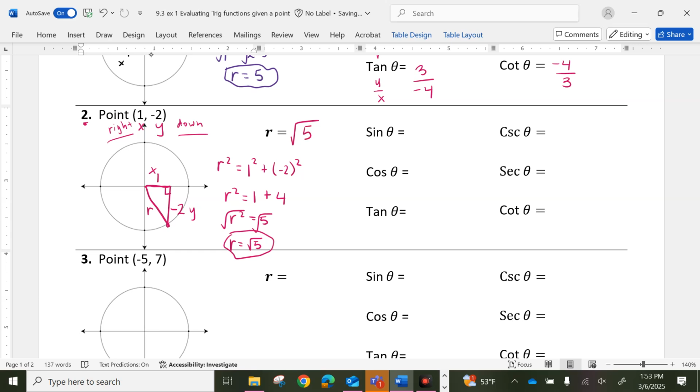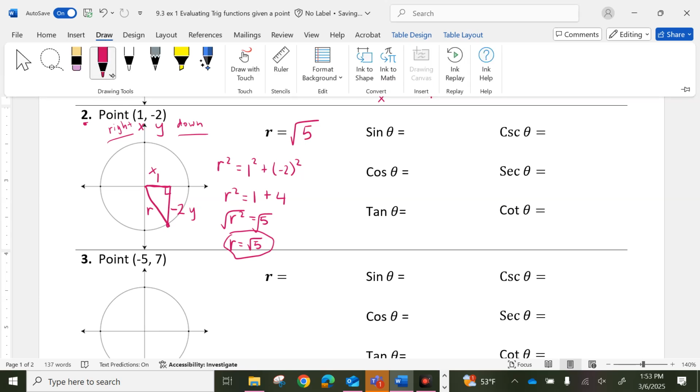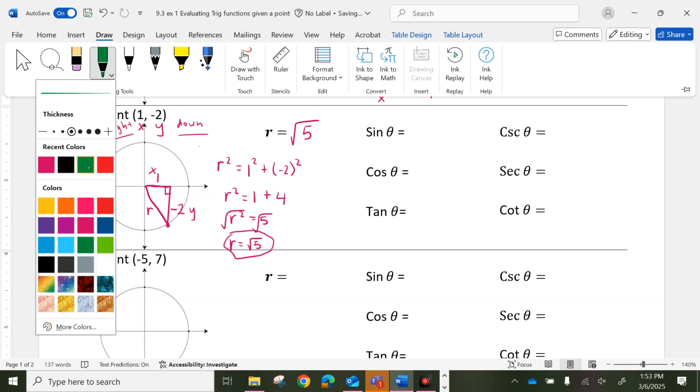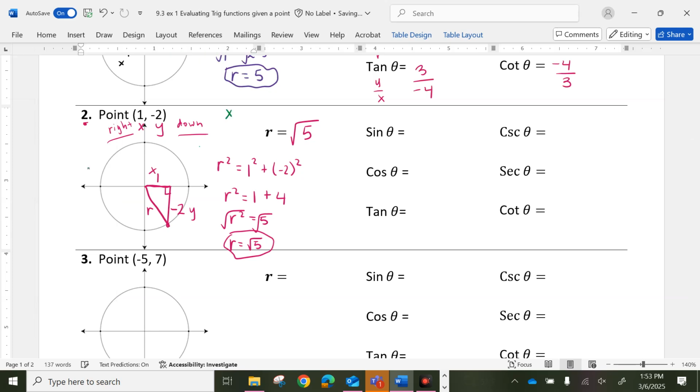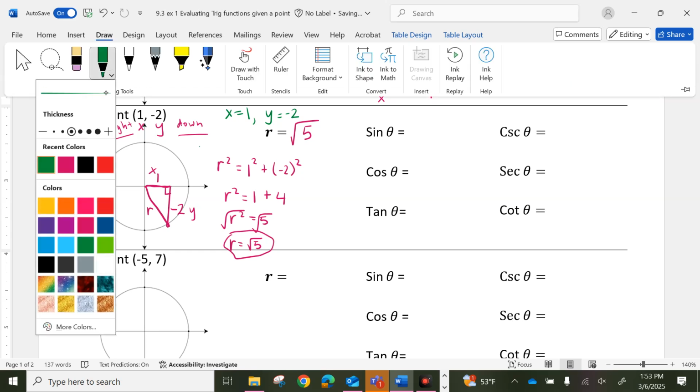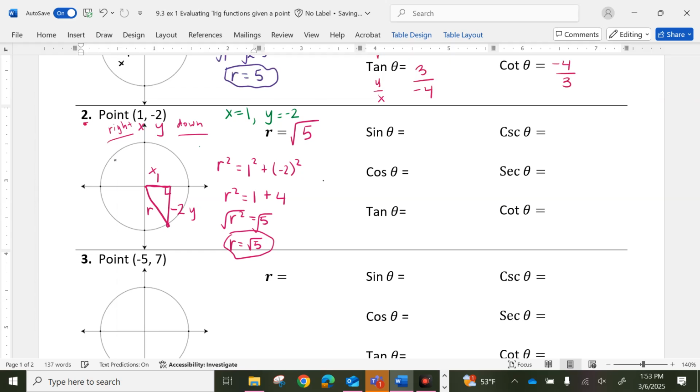Okay, so our r is root 5. Let's just collect our coordinates. Our x is 1, and our y is negative 2. So now we're going to go ahead and write our trig functions the same exact way. So for sine, it is y over x, or sorry, no. It's y over r.